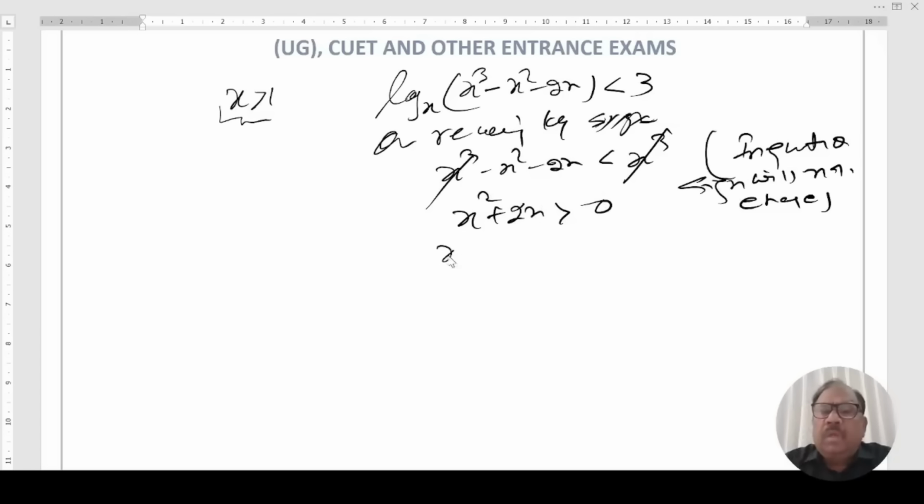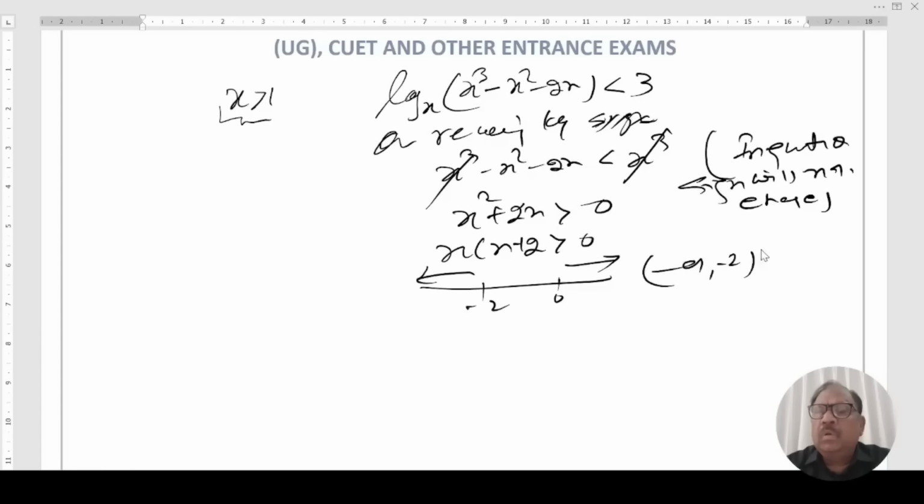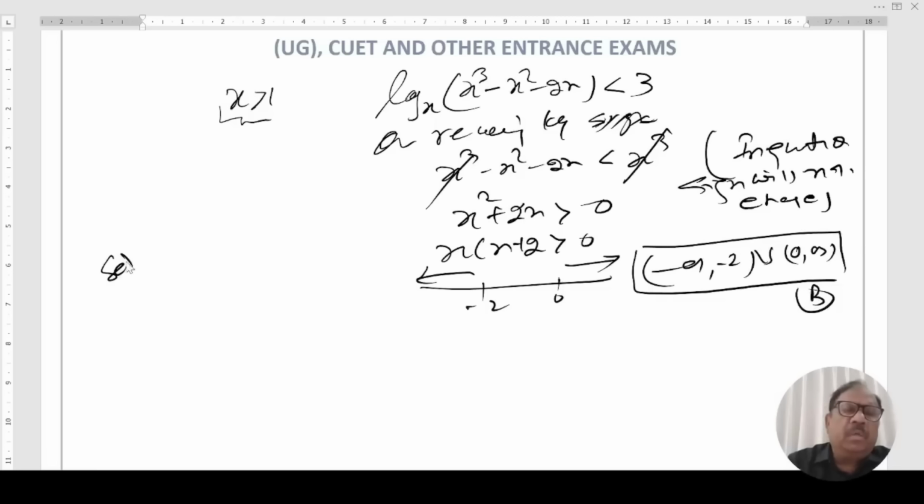Multiplying by negative, x into (x plus 2) greater than 0, means minus infinity to minus 2 union 0 to infinity. This is set B. Set A, what was it above? A was x belongs to (minus 1, 0) union (2, infinity). This was set A to define f(x) greater than 0.